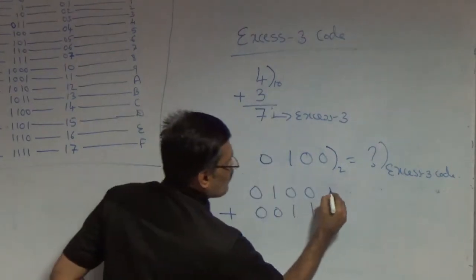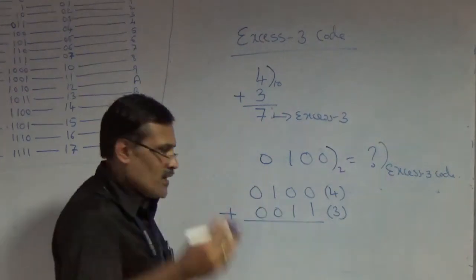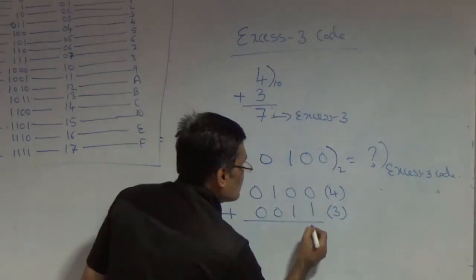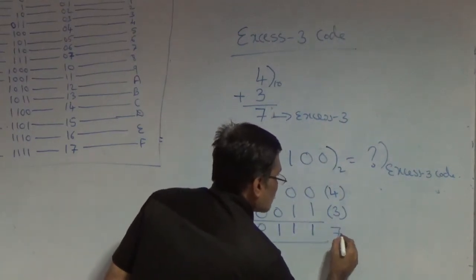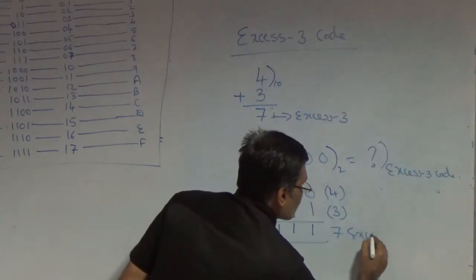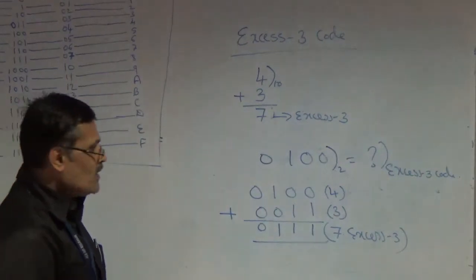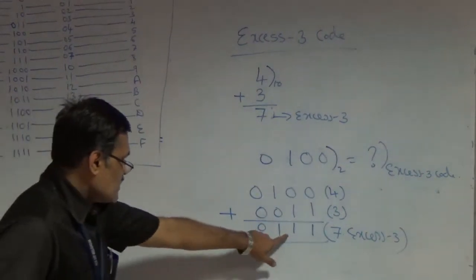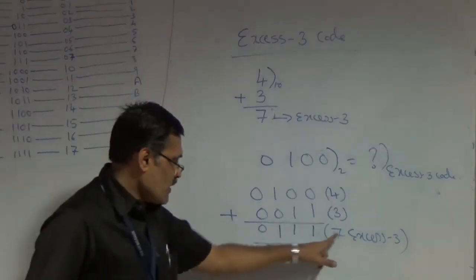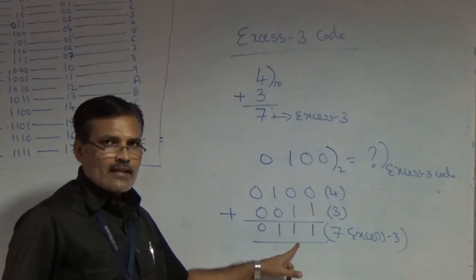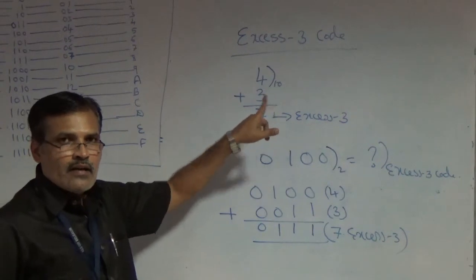So this is our 4 and this is the 3 that is being added. Now just add it: 1, 1, 1, 0, which is nothing but 7. So this is the Excess 3 code. In decimal it is 4, but in Excess 3 format it is 7. Such types of questions have also been asked in the examination.